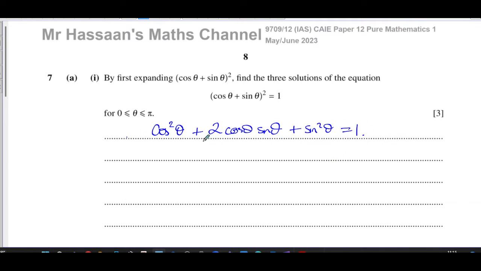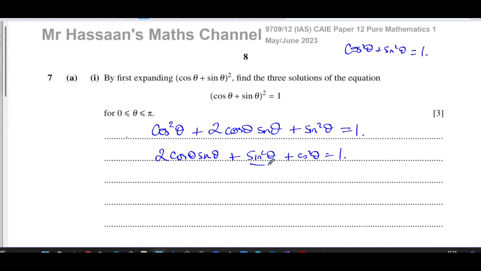Now, one of the things that we know from our identities is that cos²θ + sin²θ = 1. And what we have here, if I write these together, is 2 cos θ sin θ + sin²θ + cos²θ = 1.